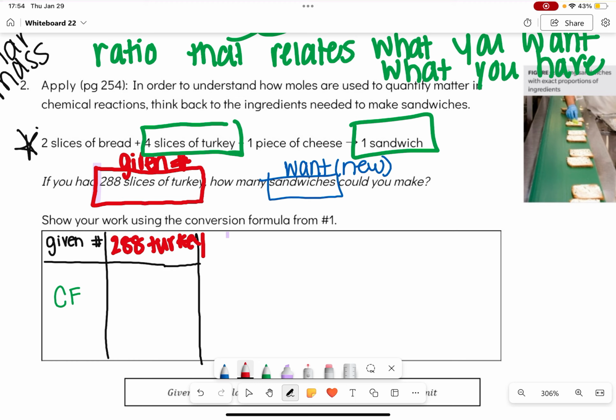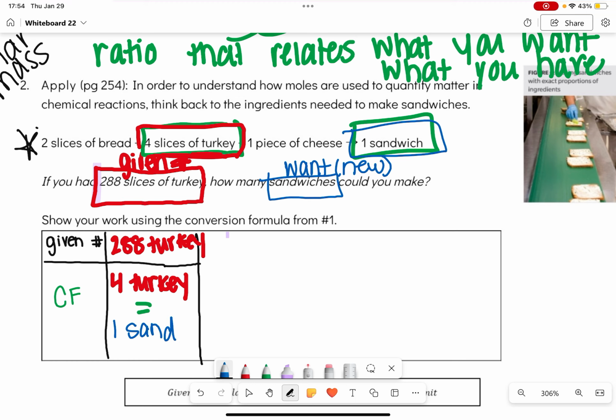So because turkey is going to be the unit I start with and what I get rid of, I am going to write that as my conversion factor, but I'm going to write it in red. So I know I want to get rid of it. And it equals 1 sandwich. And I'm going to write that in blue, and I'm just going to abbreviate it as sand so that I know that is the thing I want to find.